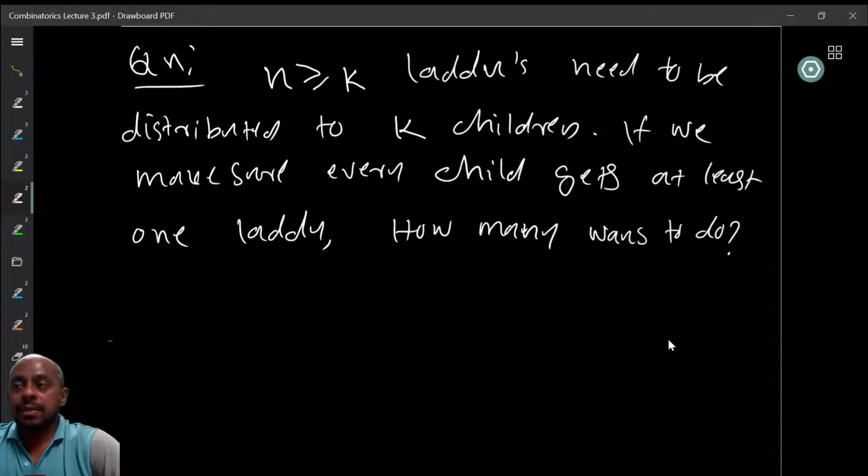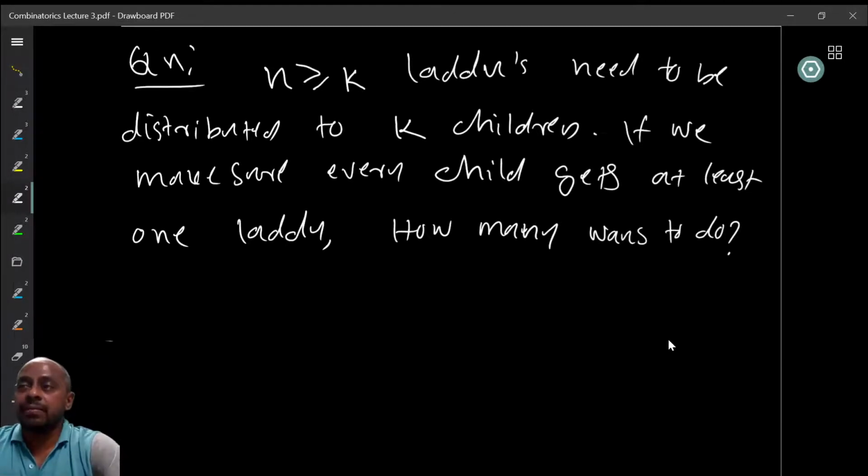Suppose we are given n, which is greater than or equal to k, ladoos. Identical, same kind of ladoos, maybe Tirupati ladoos, one of the most famous and tastiest ladoos. And we want to distribute them to k children. If you think that you are the children, then maybe you can hope to get some ladoos.